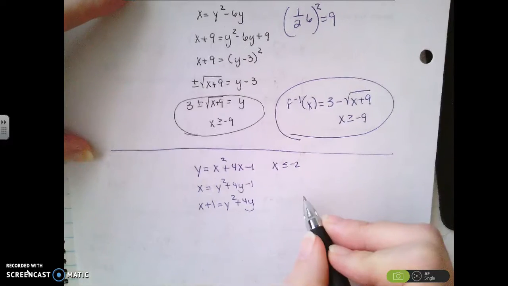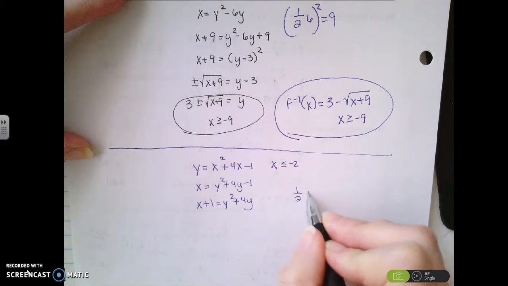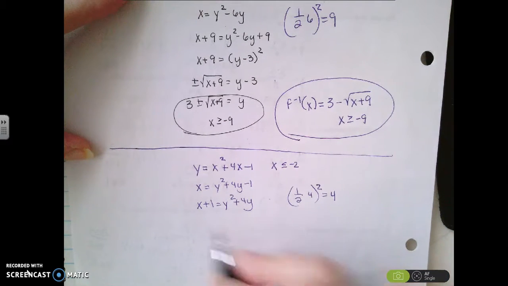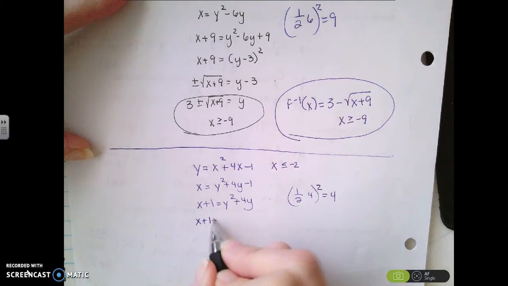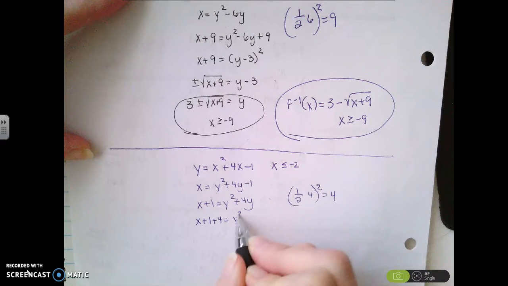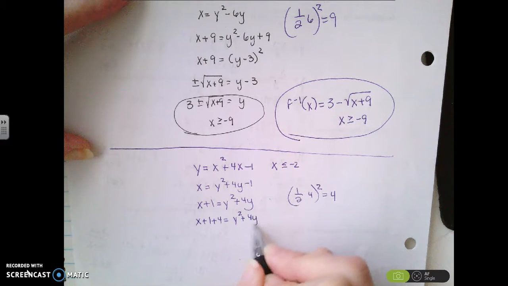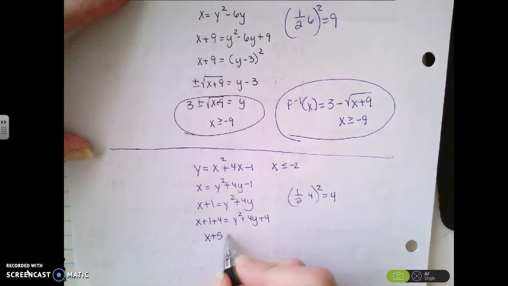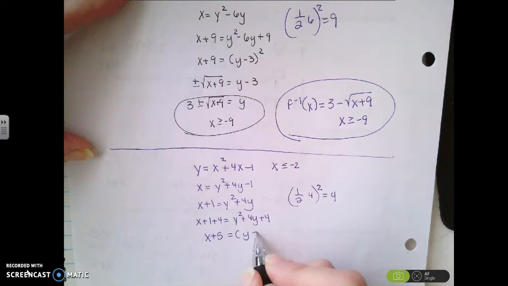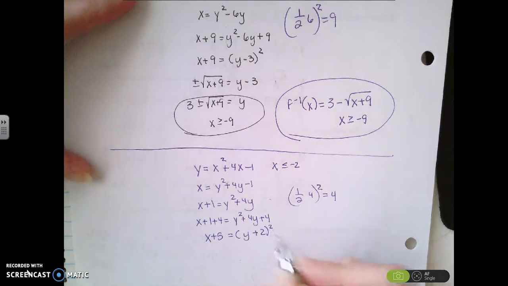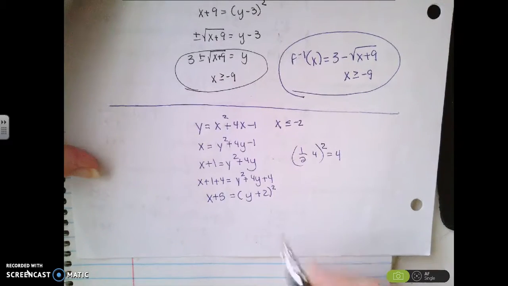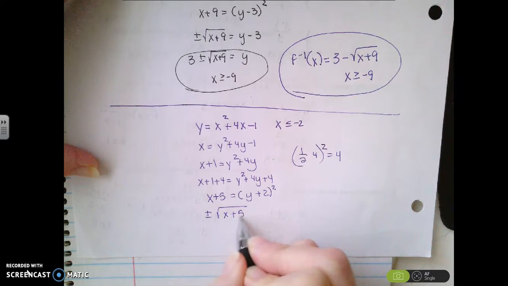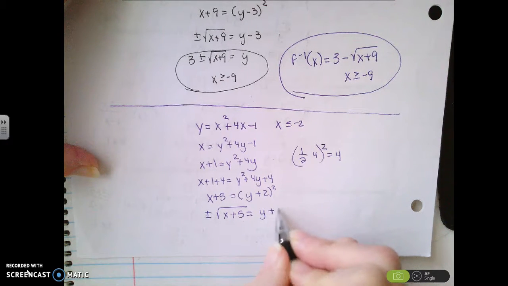And then we need to complete the square. So half of 4 squared is going to equal 4. So that means I'm going to add 4 to both sides. So this becomes x plus 5, and this becomes y plus 2 squared. Okay. Square root both sides, and I get plus or minus the square root of x plus 5, and I get y plus 2.